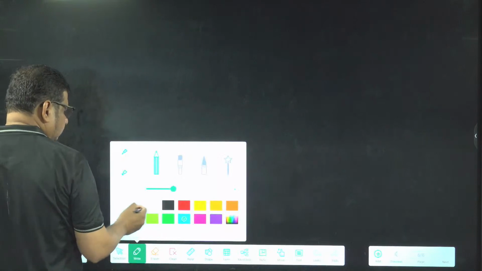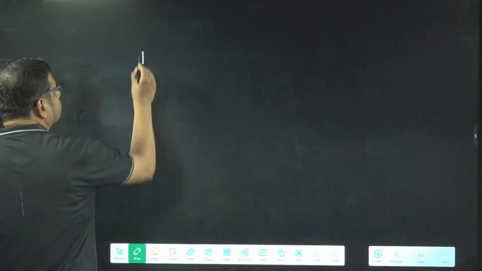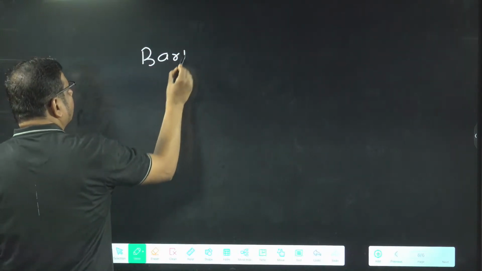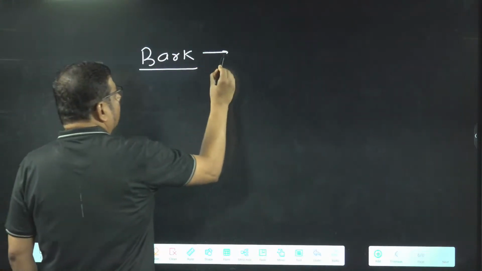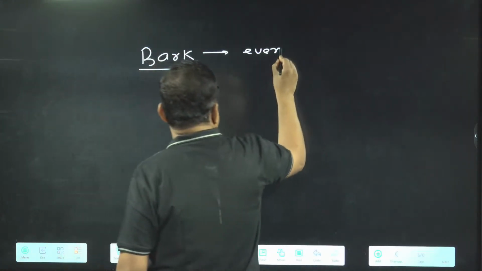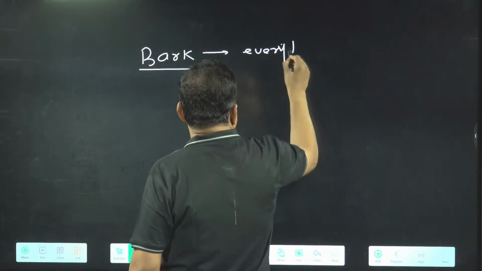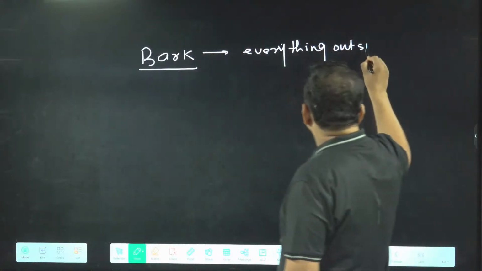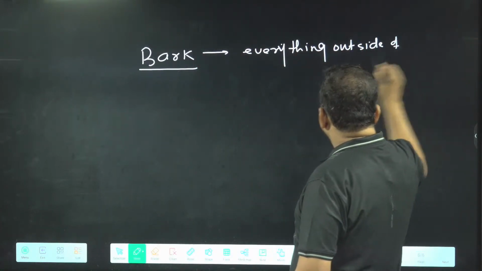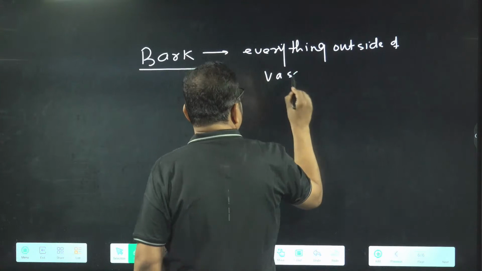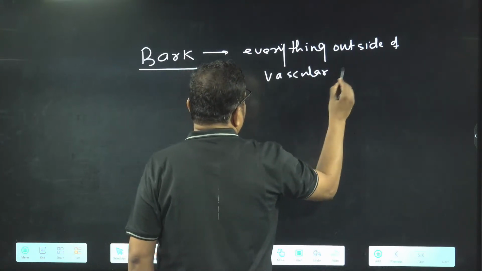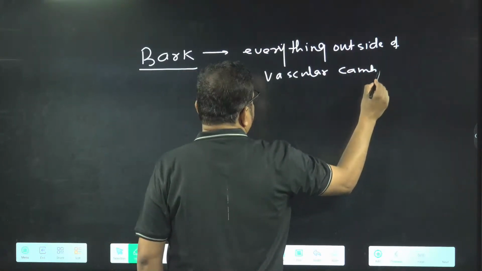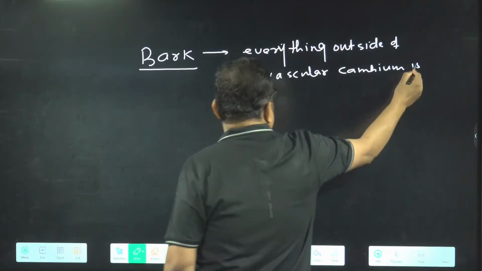Next we are going to deal with bark. What is bark? Everything outside of the vascular cambium is bark.